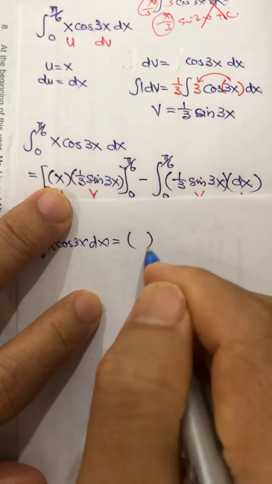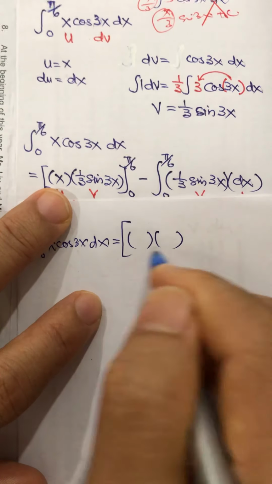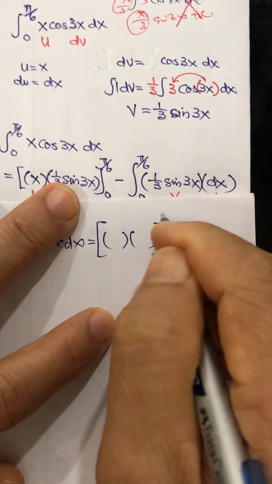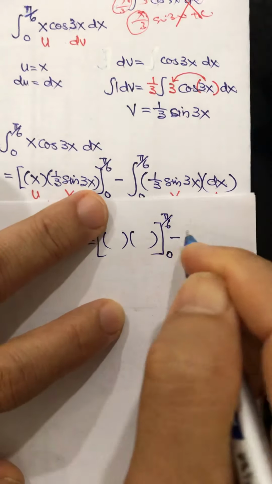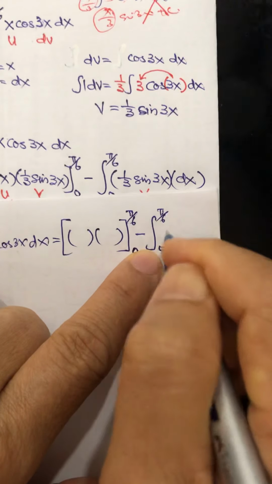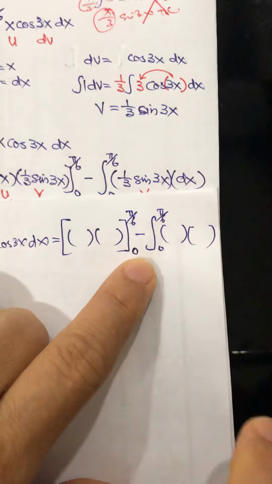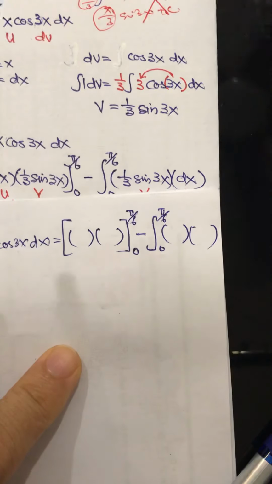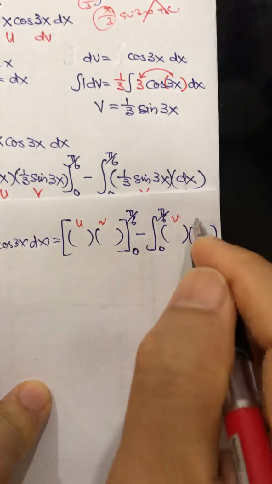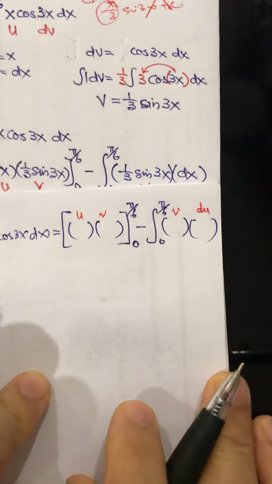You put the bracket first like this, and then this is the definite integral with the limit. Then you put the limit like that, then minus, then integrate 0 to pi over 6, like that. You write it like that. Then after that you do this step first, then you write down u, v, v, du. Then you won't get confused.